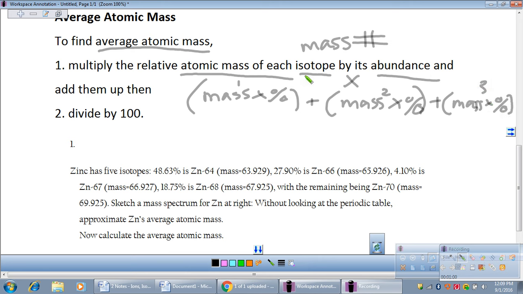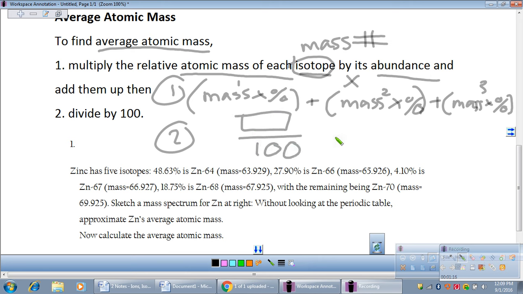That's just an example with 3 isotopes of whatever atom we're talking about. The problem will specify how many isotopes there are. Once you get that large number, the second step is to take whatever you get from here and divide by 100. That will give you your average atomic mass.